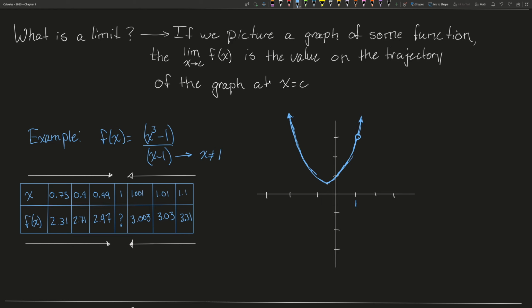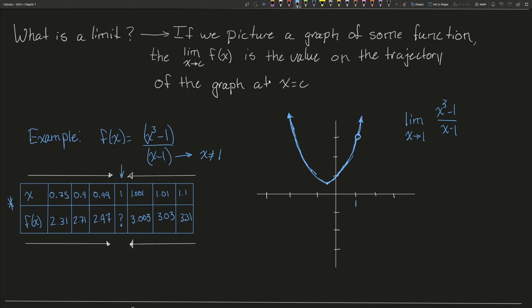So if we wanted to find the limit as x approaches 1 of x cubed minus 1 divided by x minus 1, we would have to see what happens at that point on the graph. And in order to do that, we make a table of values and see what happens as we get closer and closer to x is equal to 1.